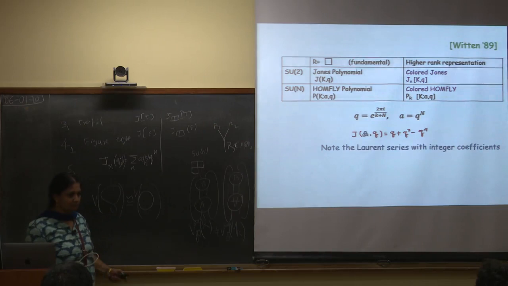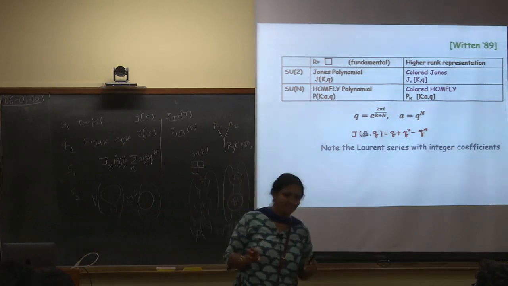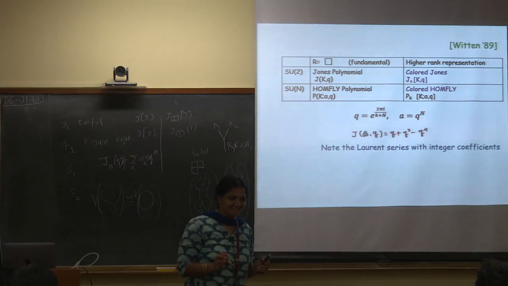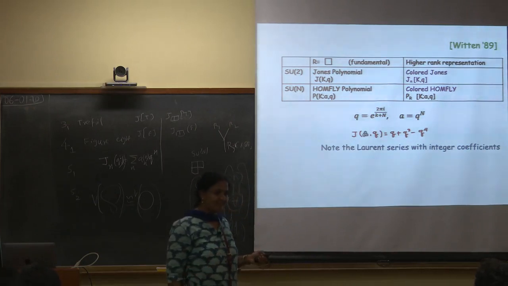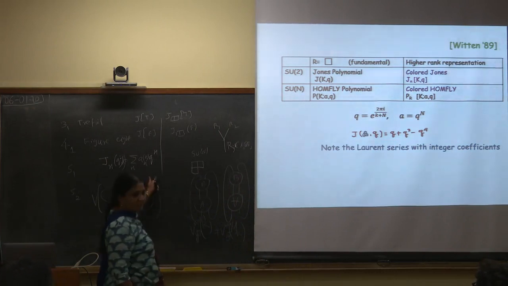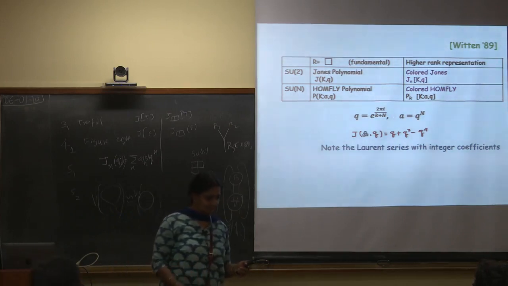It looks like an accident, but why? It can't be an accident for arbitrary knot, arbitrary representation, arbitrary gauge group. There should be something underlying. Could it be negative? No, it can be negative. I am not saying it is positive integers, but it is always integers. Integers can be positive or negative.